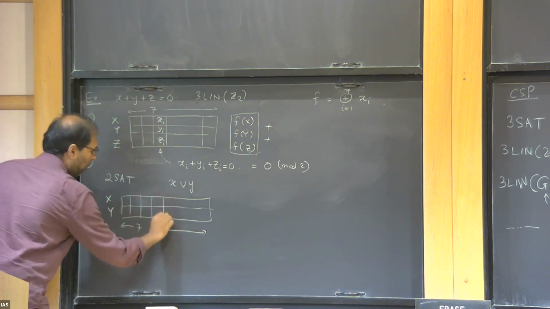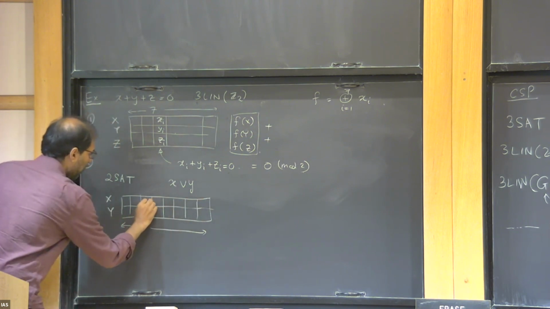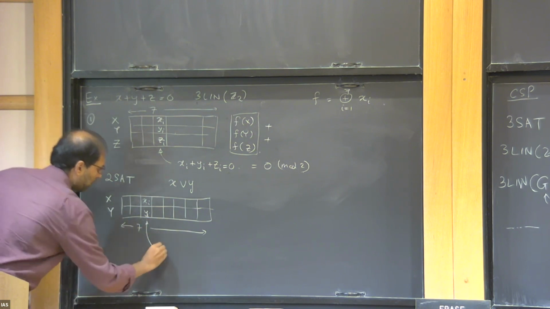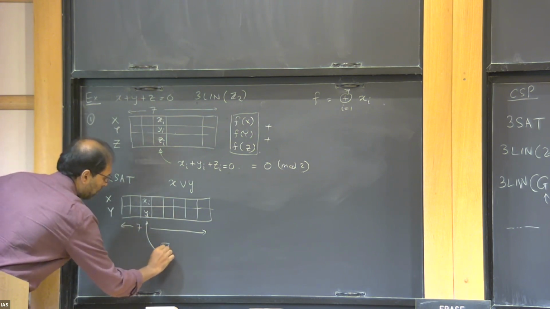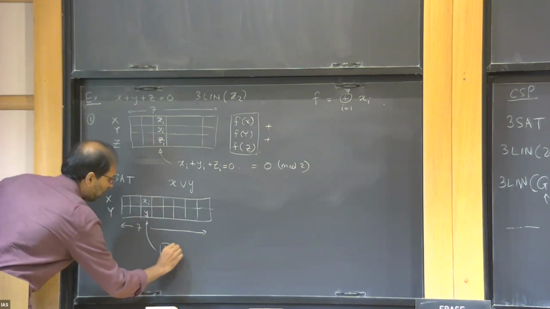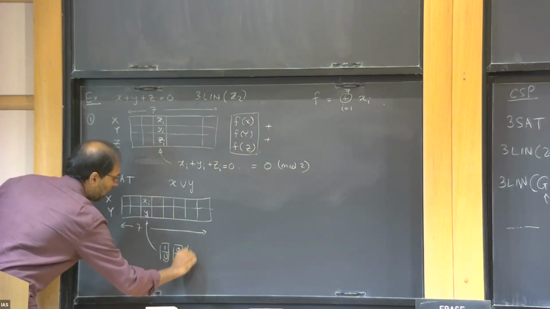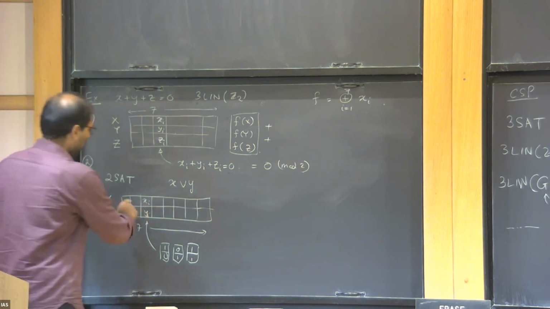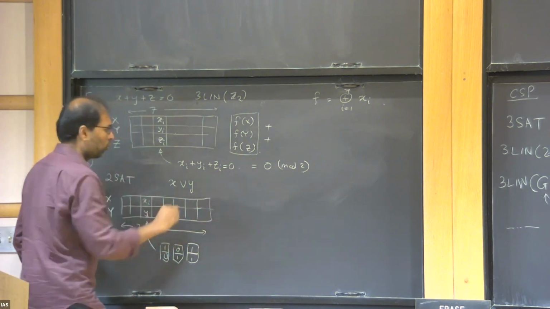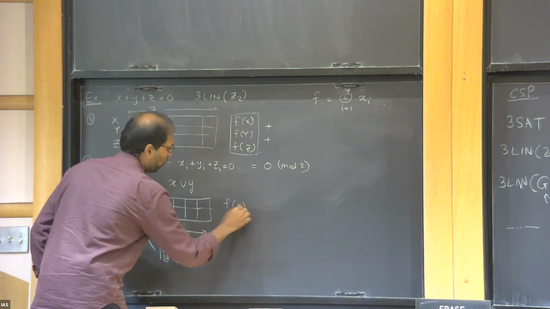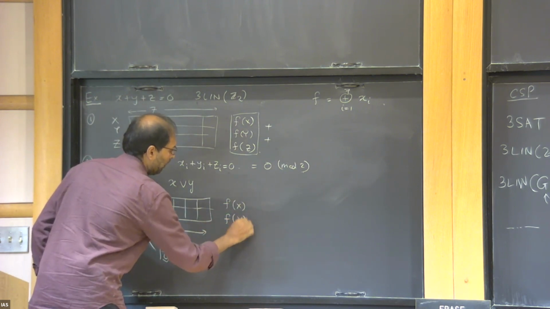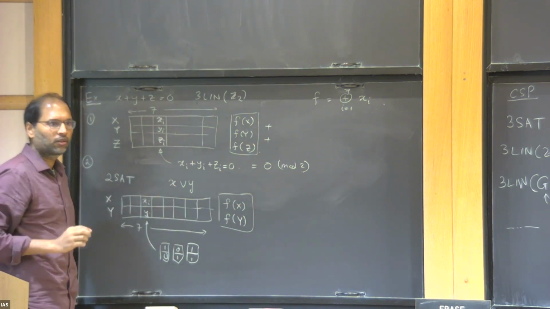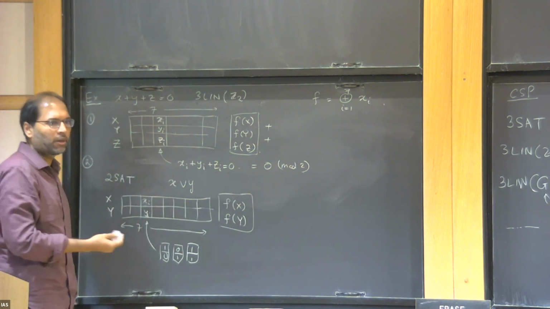And again, you have the same property that if you plug in each column as a satisfying assignment to the predicate, and the satisfying assignments to the predicate for 2SAT are 1, 0, 0, 1, or 1, 1. Then, if I apply a certain function to the rows, I will have to tell you what that function is, and construct the output column, that will also be a satisfying assignment. And a function which works here is majority.